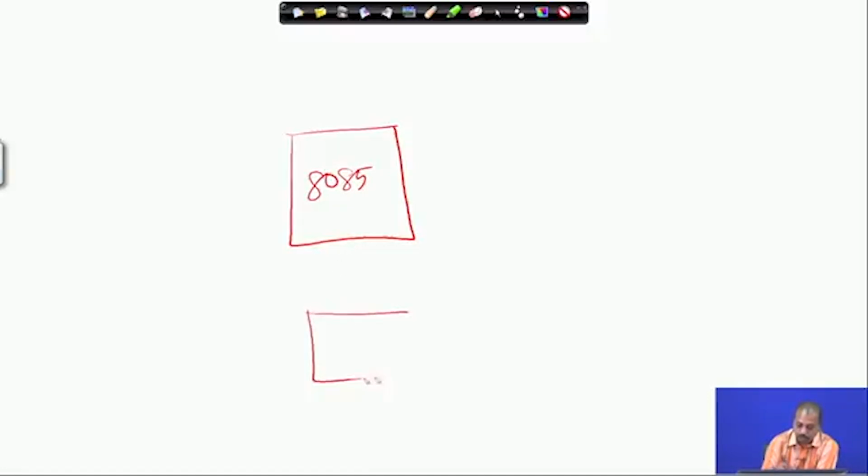So, suppose we have a system consisting of the processor. This is the 8085 processor, and the memory is connected to it, and there is an address bus, data bus and control bus.